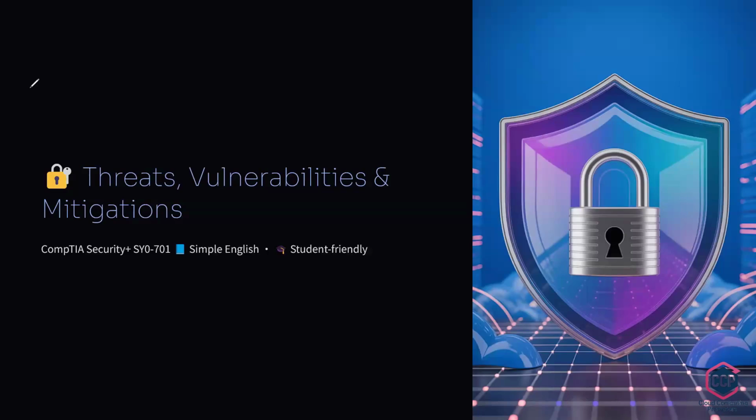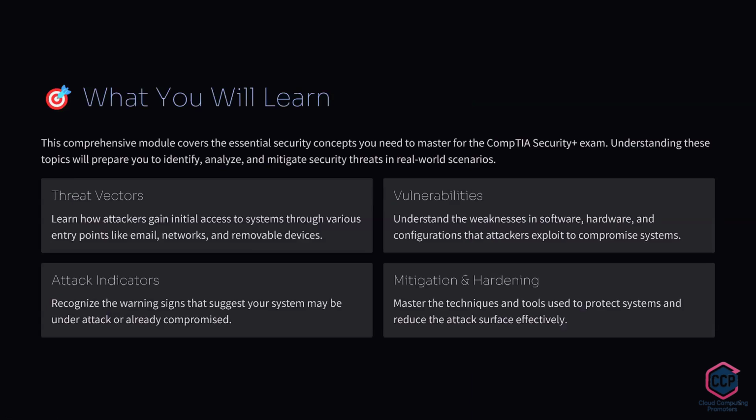So this is the second part of the third part of the threat, vulnerability and mitigations section in CompTIA Security Plus. What you will be learning in this is, we have already learned attacker indicators, like what are threats.